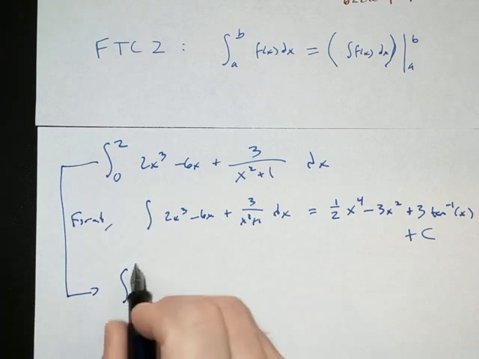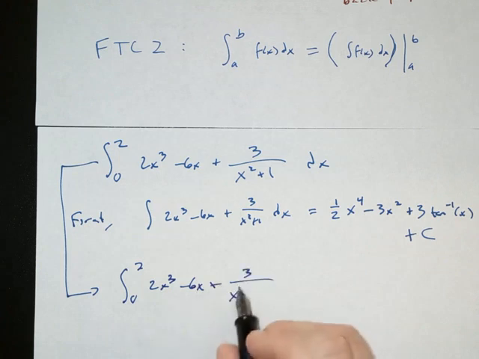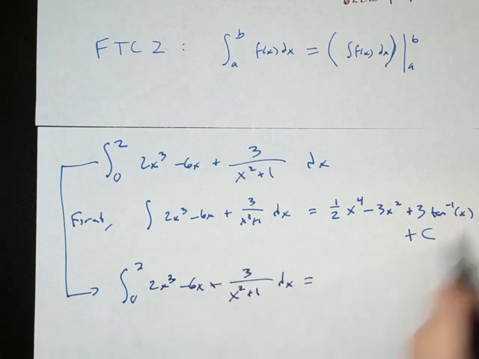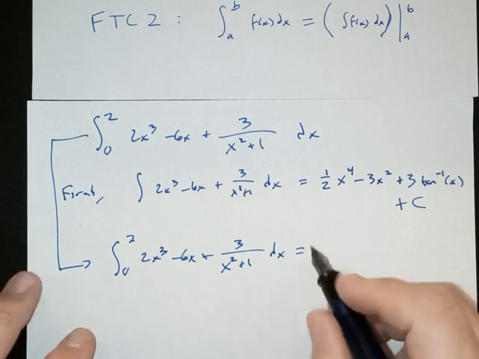And I can say the integral from 0 to 2 of that same function is this antiderivative evaluated at 2 and at 0. And at that point, I can drop the plus c, because the fundamental theorem of calculus allows me to use any antiderivative, so I might as well use the one where c is 0.